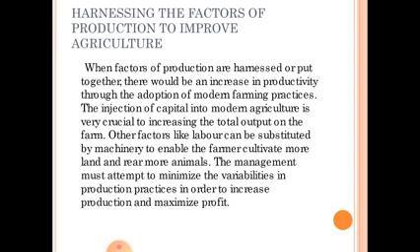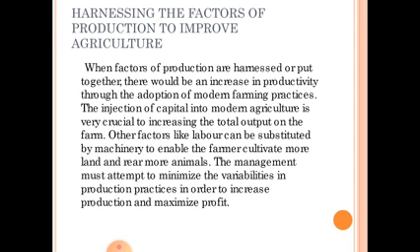Harnessing factors of production to improve agriculture. When factors of production are harnessed or put together, there will be an increase in productivity through the adoption of modern farming practices. The injection of capital into modern agriculture is very crucial to increasing the total output on the farm.